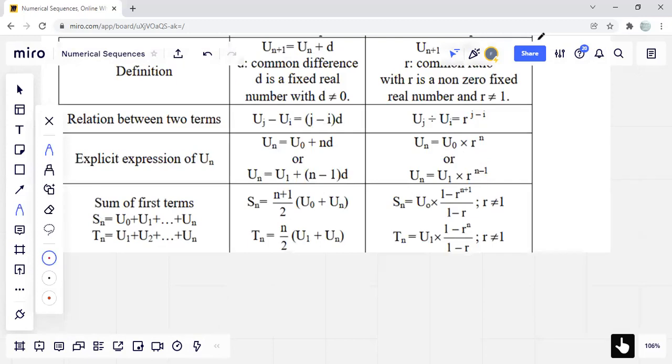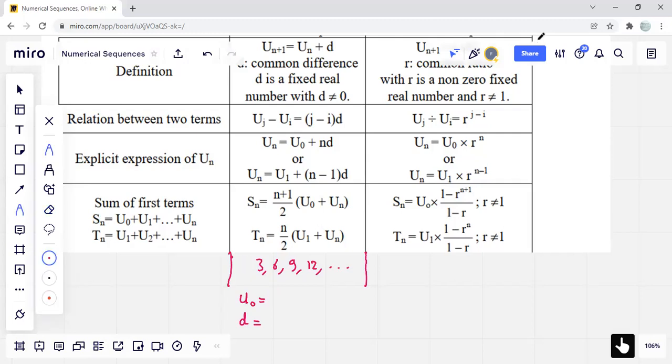For the arithmetic sequence, we have, for example, 2, and we always add 3, so 3, 6, 9, 12, and so on. The first term is u0, equal to 2, and we have a common difference d, which is how much we are adding. Sorry, there's a mistake here.